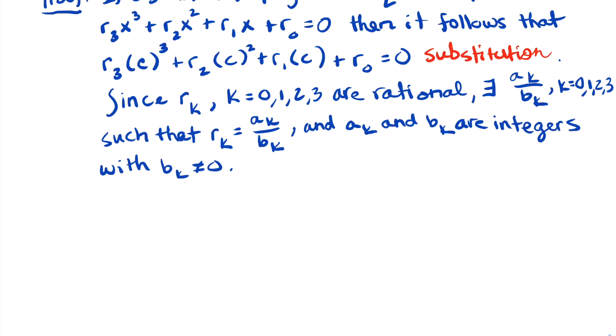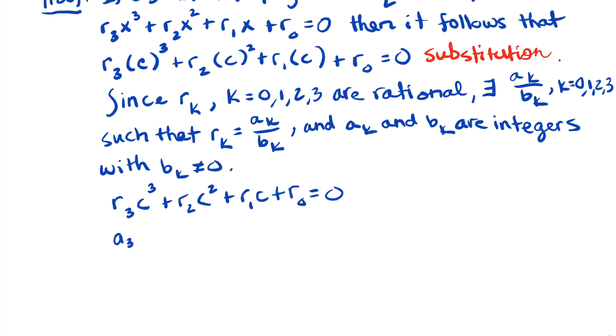Now, coming from that equation where we substituted in the c, we have r3c cubed plus r2c squared plus r1c plus r0 equal to 0. Now, if we substitute in the a over b, the proper subscript for the r's, we would have what?